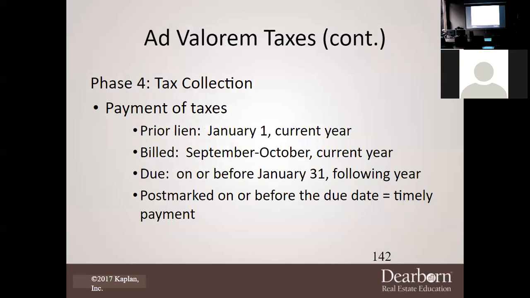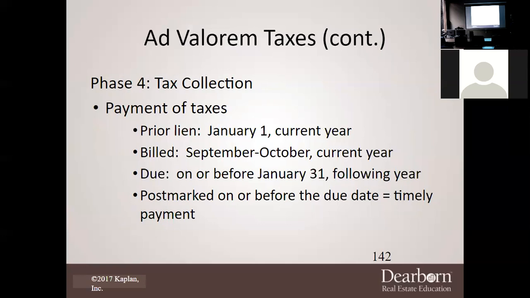Now, in regards to tax collection, there is payment of taxes. Okay, the lien attaches January 1st of the current year, is going to be billed September through October of the current year, which means it will be due on or before January 31st of the following year. That is called arrearage.